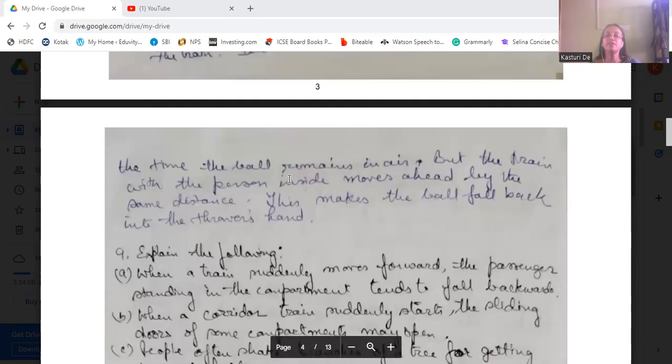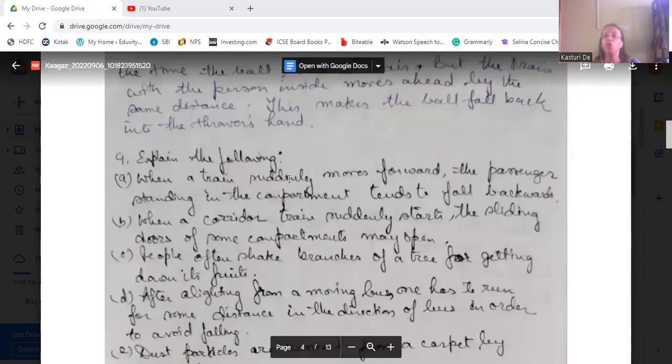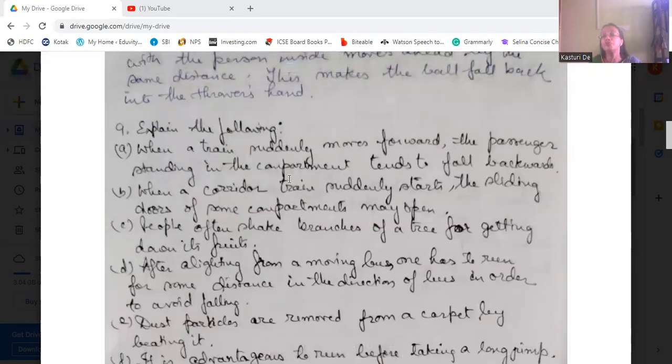Okay. Next is, explain the following. When a train suddenly moves forward, the passenger standing in the compartment tends to fall backward. Why does it happen? Because when the train suddenly starts, previously the train was in a state of rest, and the person in that train is also in the state of rest.